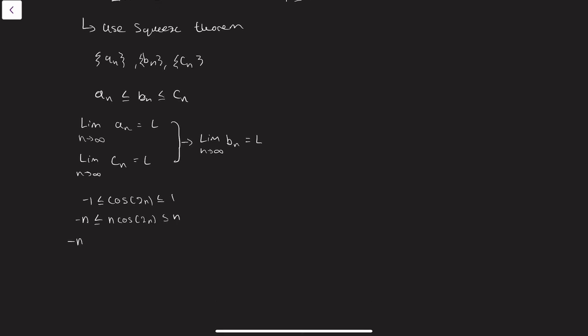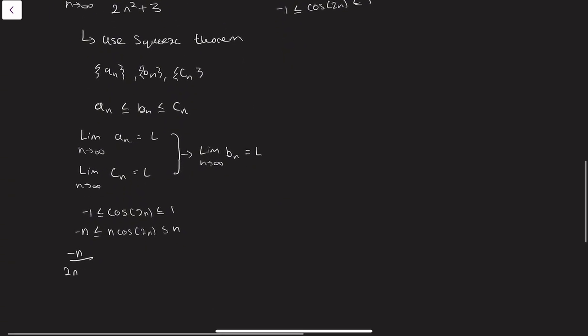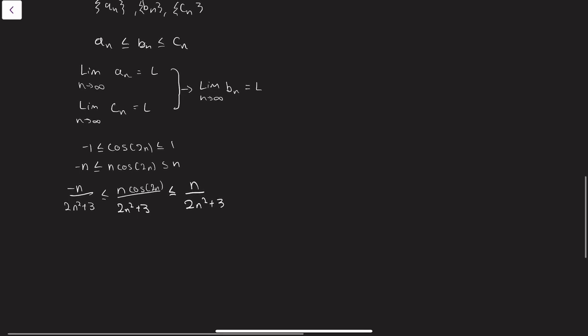And then we'll divide everything by 2n squared plus 3. So we have -n over 2n squared plus 3, n cos of 2n over 2n squared plus 3, and n over 2n squared plus 3.